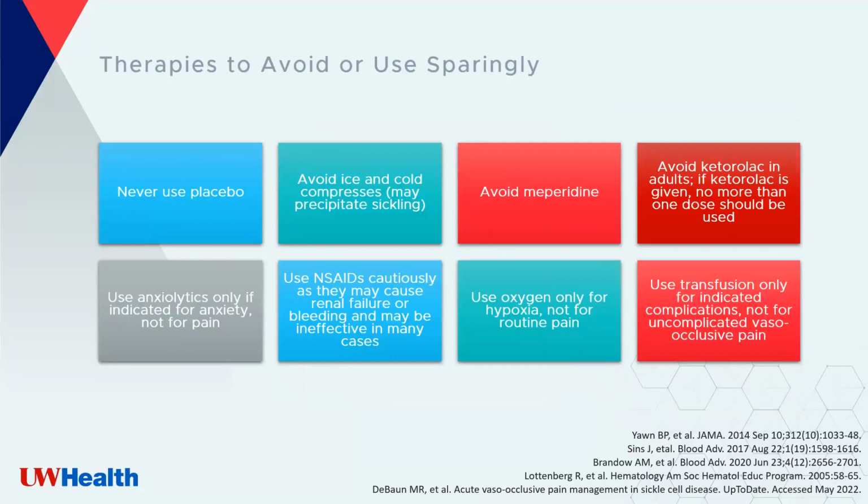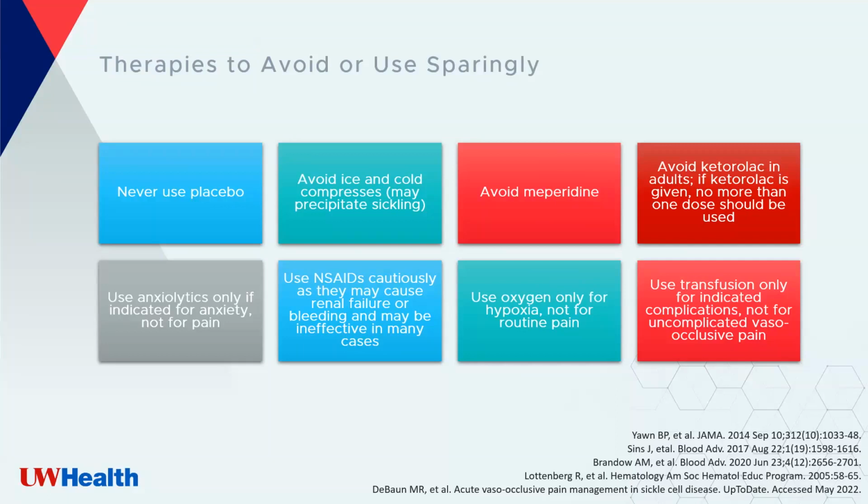So, therapies to avoid or use sparingly. We never want to use placebo. We want to avoid ice and cold compresses. By all means, avoid meperidine, and avoid ketorolac in adults, specifically due to its inhibitory effect on prostaglandin-mediated vasodilation. Use anxiolytics only if indicated for anxiety, not for pain, so we want to make sure we're keeping that in mind.